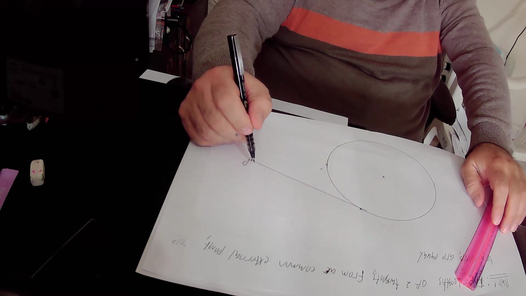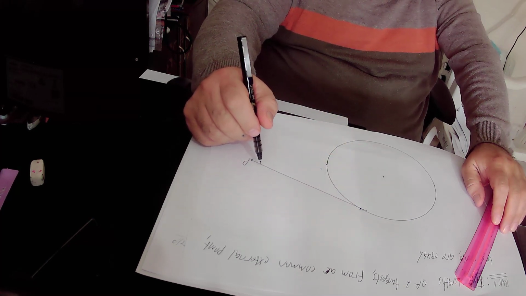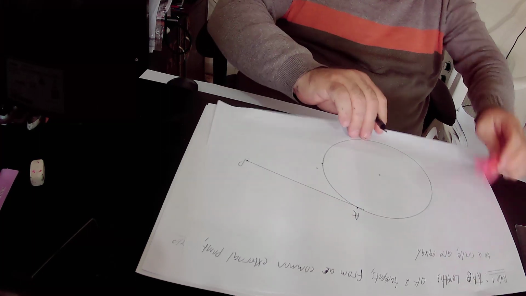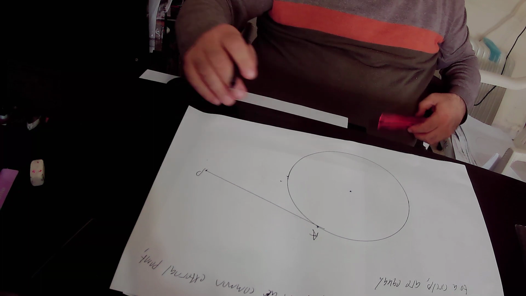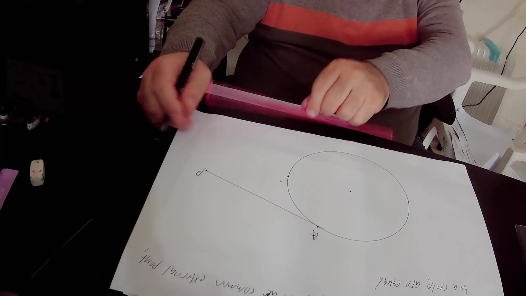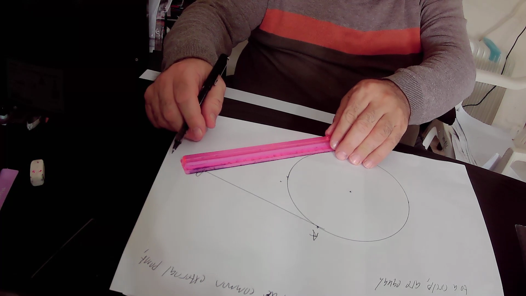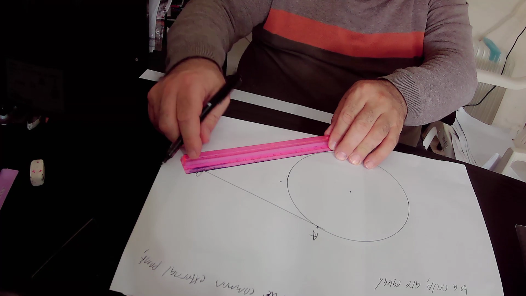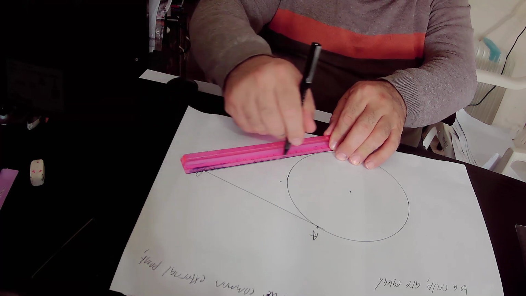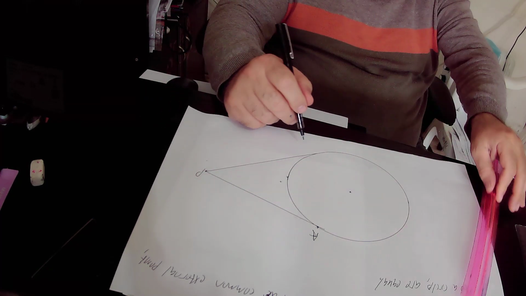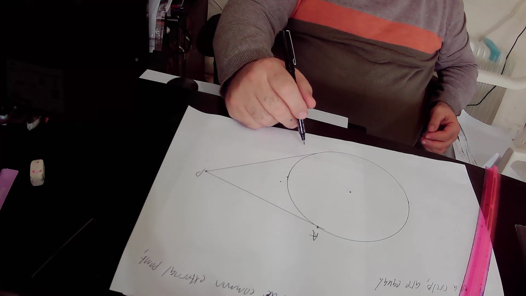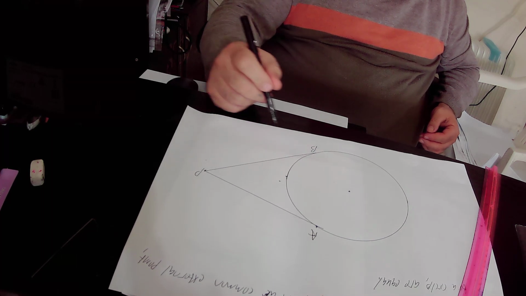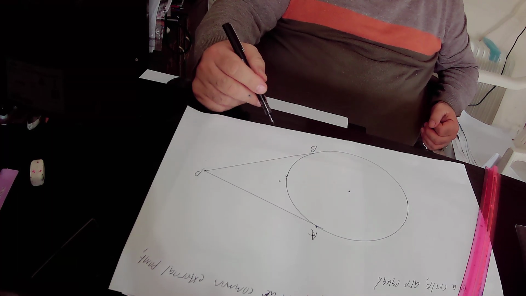The point of tangency of the first tangent with this circle is at point A. And we'll also draw a second tangent to this circle. Here, the point of tangency will be defined as point B. Point B is the point of tangency of the second tangent with this circle.